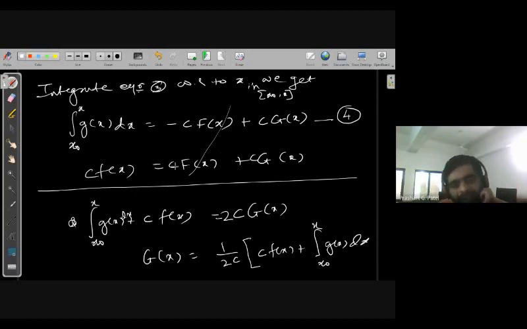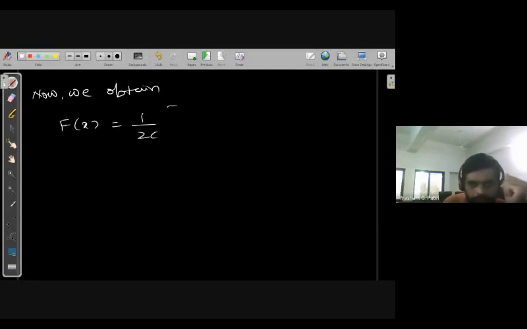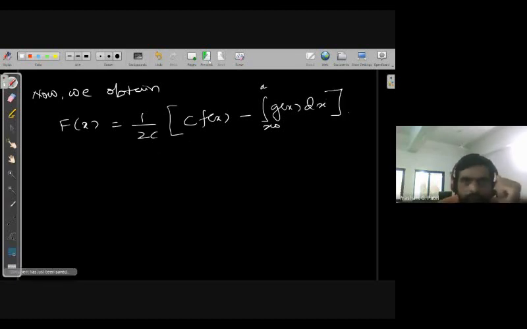And if I subtract these two equations, we obtain F(x) equal to 1 by 2c, c times f(x) minus the integral from x0 to x of g(x) dx.